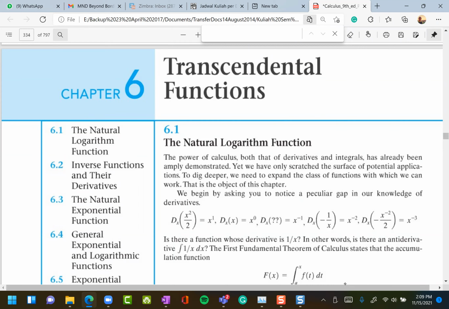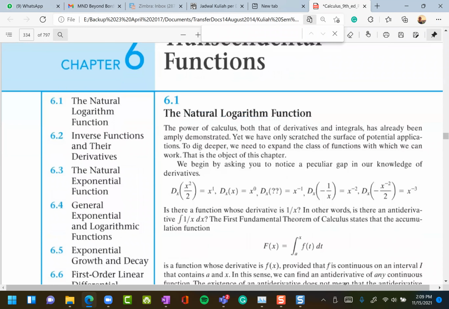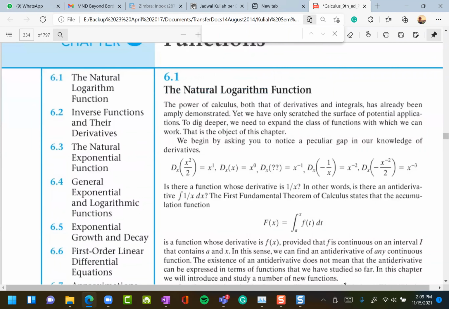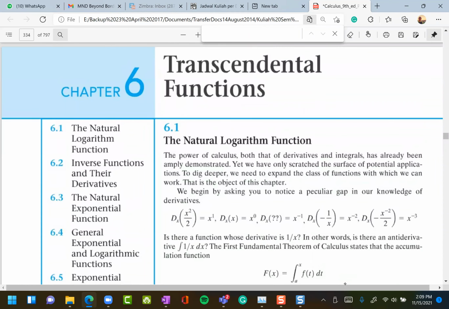So rational functions are algebraic functions. Something that's not algebraic is called transcendental. The first transcendental functions that we know are the trigonometric functions. And the next are what we have in this chapter.